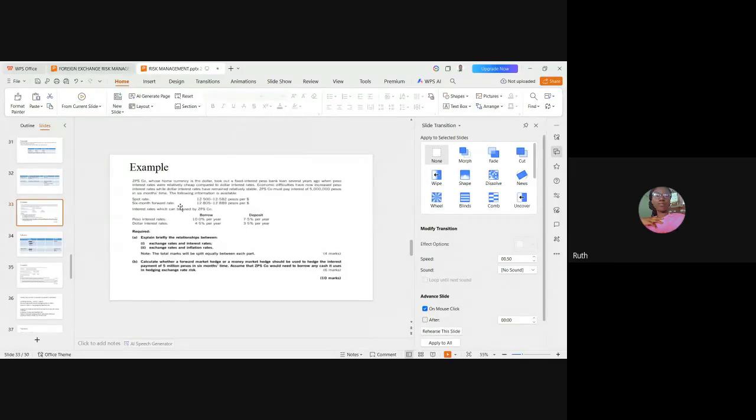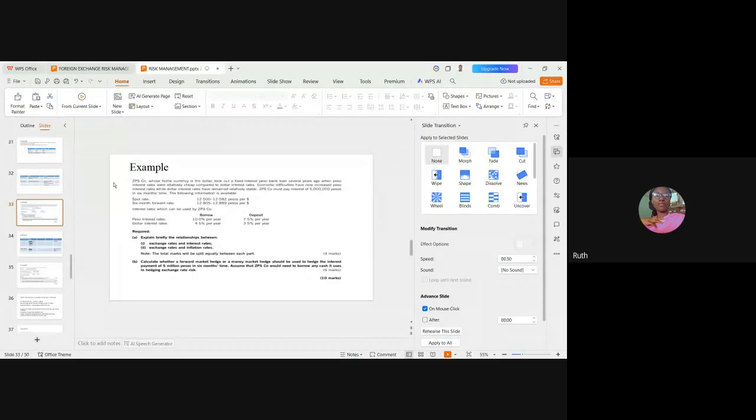Yes. The 6-month forward rate. When you convert 5 million in foreign currency to your own home currency, which is dollar, based on forward rates, what will be the value?